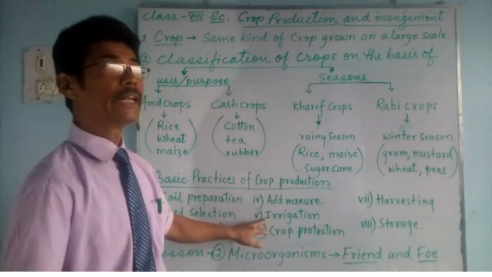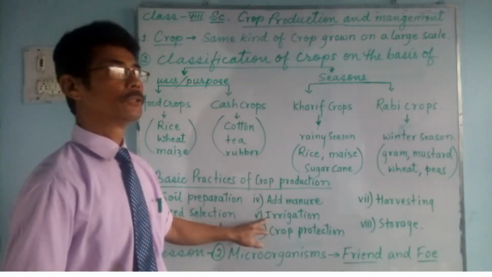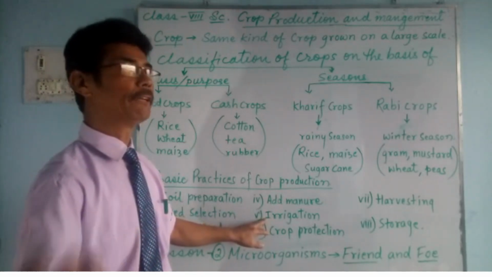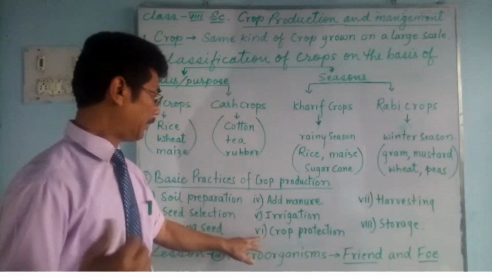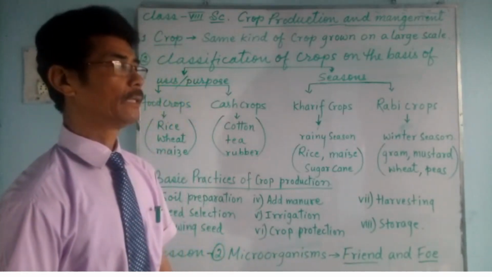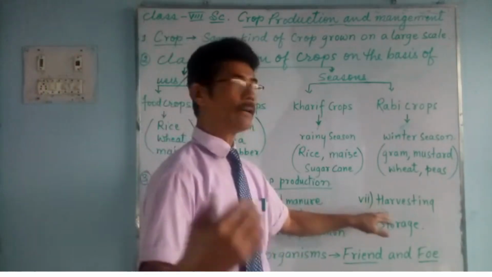We need to irrigate the land if there is no rain. During the shortage of rain, farmers irrigate their fields. Next, crop protection. The crop has to be protected and looked after. Number 7, harvesting.